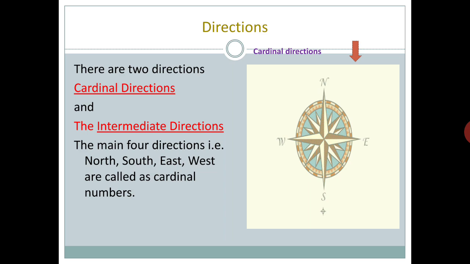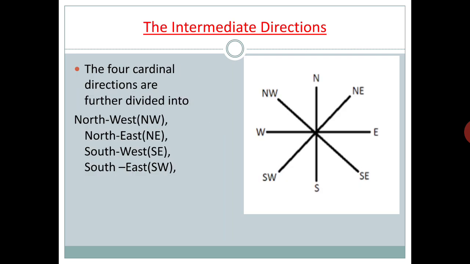There are only four cardinal or main directions, but there are also some intermediate directions. Intermediate directions means some directions which are in between two directions. Between north and east there is a middle line, that is called northeast.